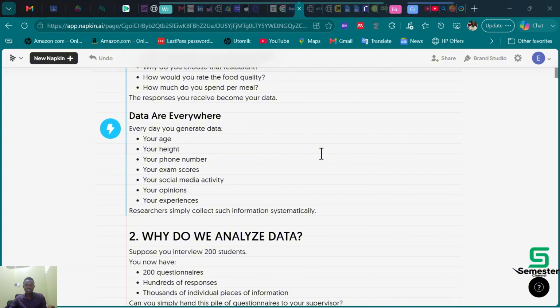Why? Because you've given that platform data to be feeding on, right? So if you've been watching videos on, let's say, puppies, subsequent refreshes will bring you more information on puppies. So they've collected your data, and that's how useful it has become to their platform. All right, so data is everywhere. Anything you do becomes data.